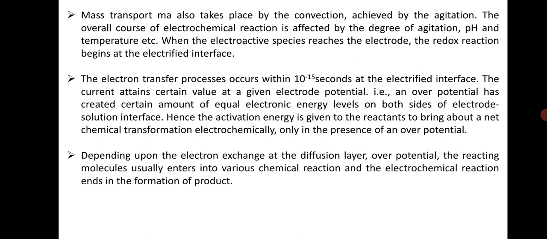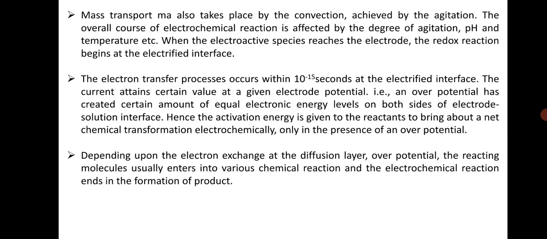Now, the current which attains a certain value at a given electrode, that is an overpotential, creates a certain amount of equal electronic energy levels on both sides of the electrode-solution interface.